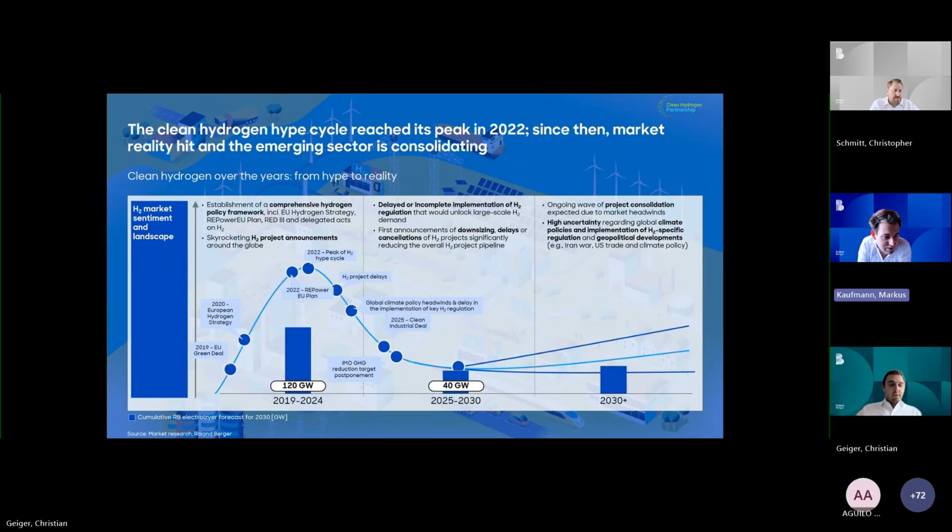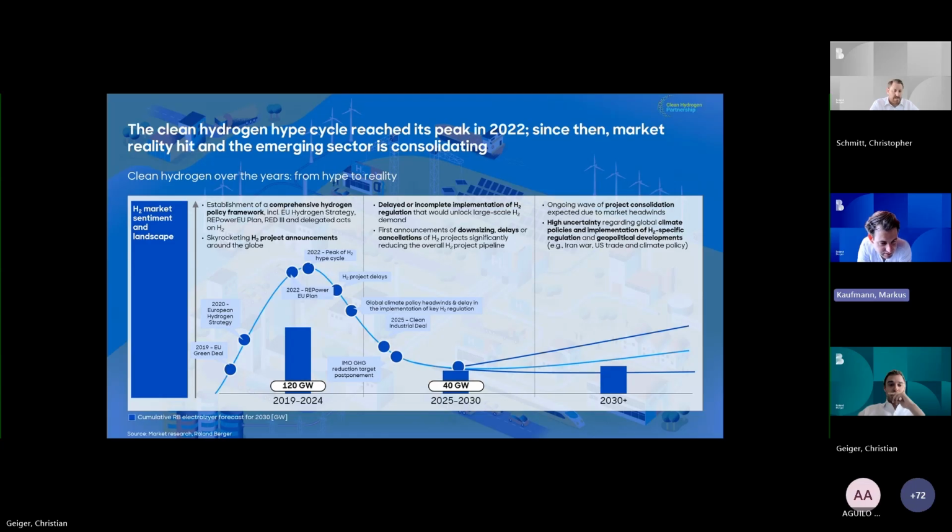This might be a visual one or two of you have seen on LinkedIn and elsewhere, and we want to be very transparent with how Roland Berger has looked at the world of electrolyzers and the market outlook in recent years. At the peak of the hype cycle of this current business cycle, we estimated that we could see 120 gigawatts of electrolyzers installed in the year 2030. That was our most positive outlook.